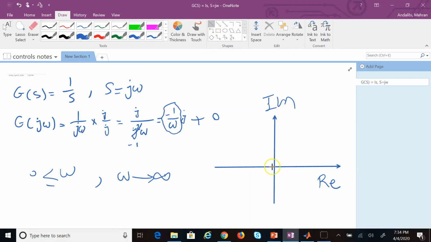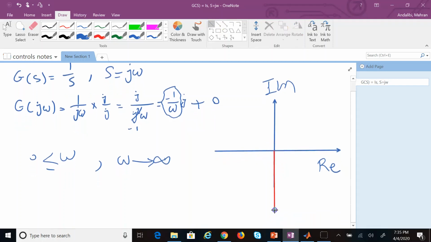So all it is is a big line like this, and the direction of change of omega is in this direction. This is where omega is going to 0, and this is where omega is going to infinity, at the origin. So the negative imaginary axis is an integrator.